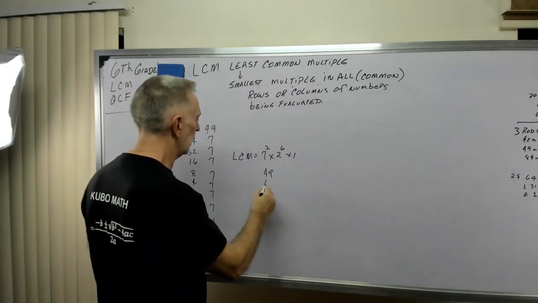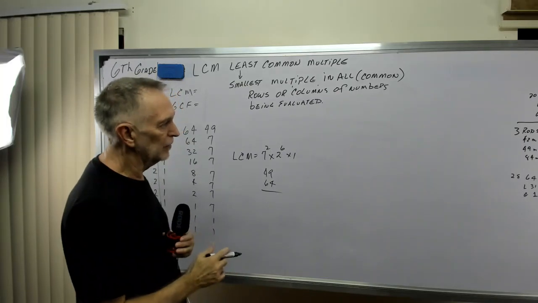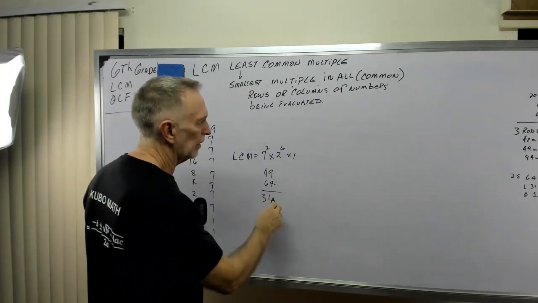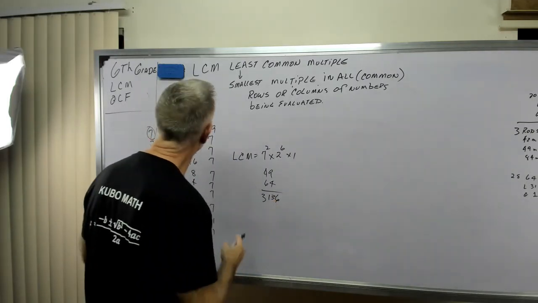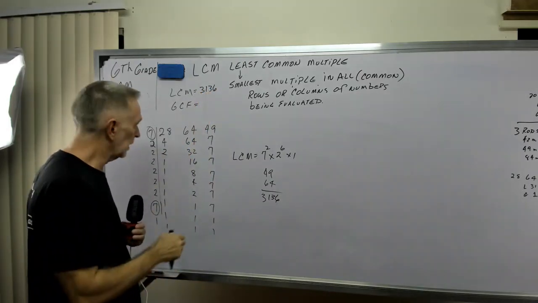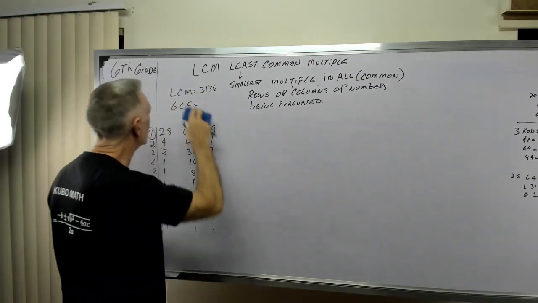So I have 49 times 64, and in the sake of time, I have the number written down. It's 3,136. So the least common multiple is 3,136. Okay? What about the greatest common factor?